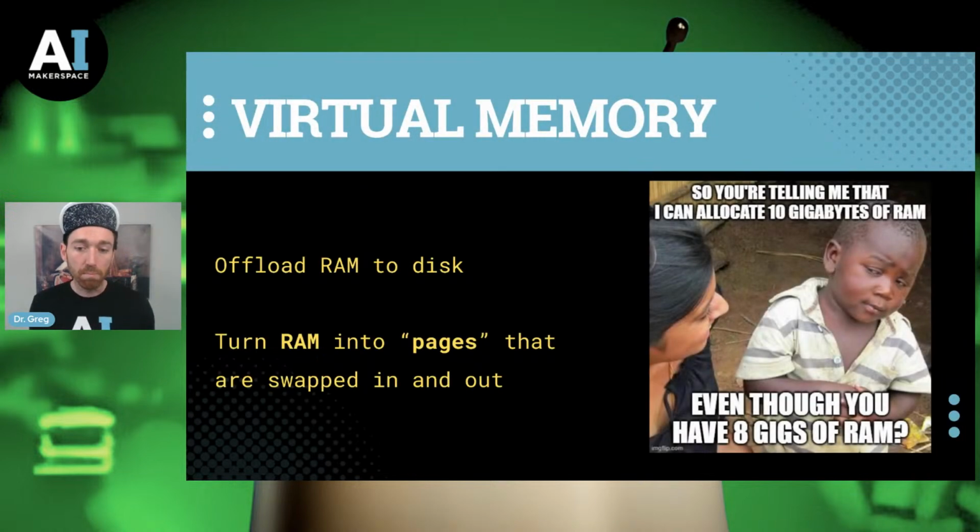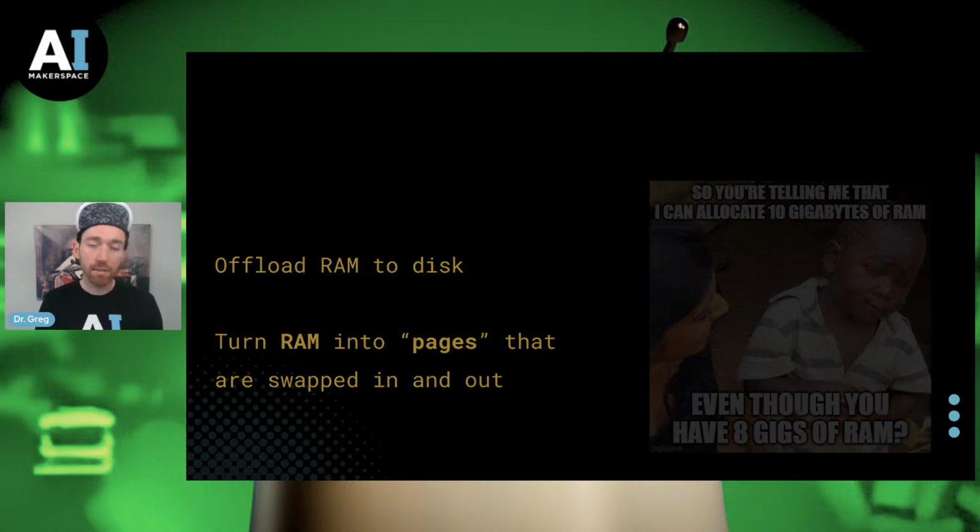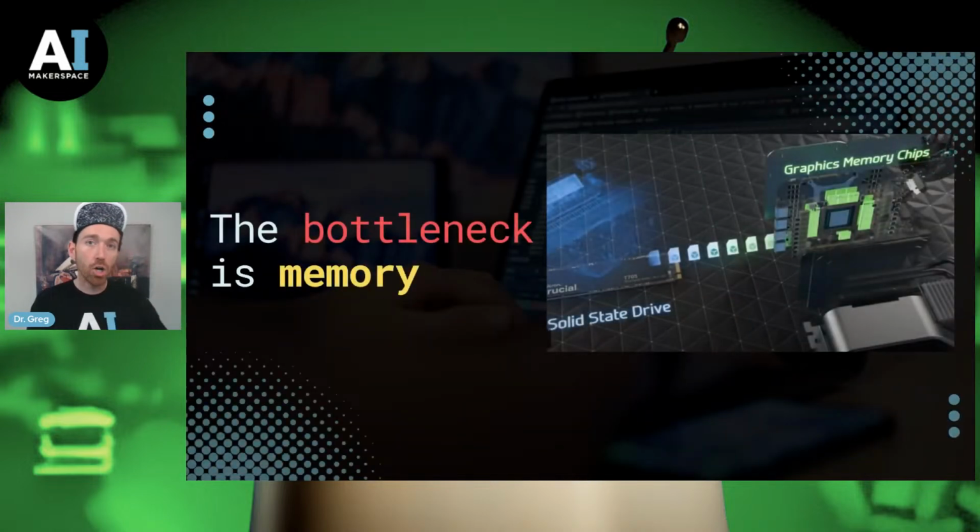Let's try to remove this idea that memory is the bottleneck by turning that on-chip RAM into more of a paged approach, right? Paged attention. That's where vLLM comes in, the pages idea. And so this way, instead of having to do the classic read writes, we can actually speed things up a little bit.